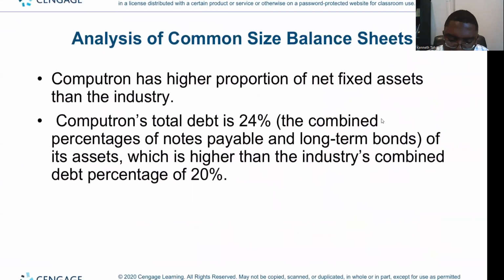And that can help us to interpret. So as we have seen, the company has a higher proportion of net fixed asset than the industry, and the combined percentage of note payable and long-term debt is 24% for the company, whereas that for the industry was at 15%. So the company is more into debt.